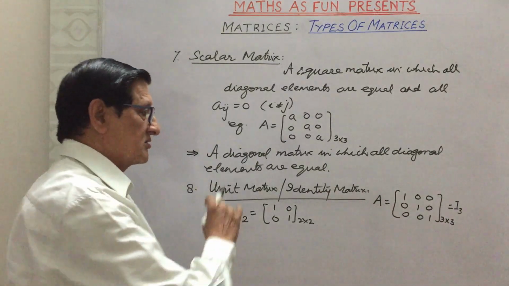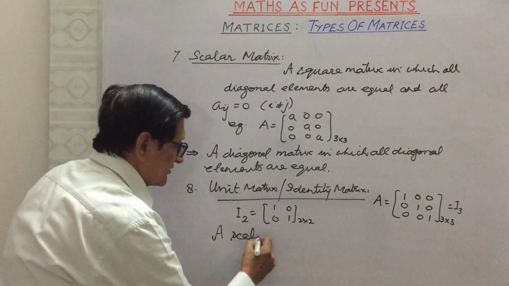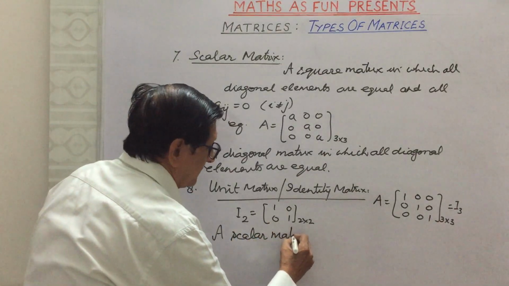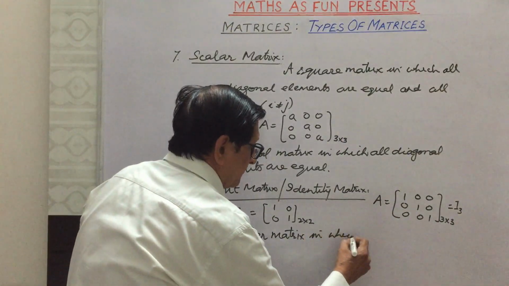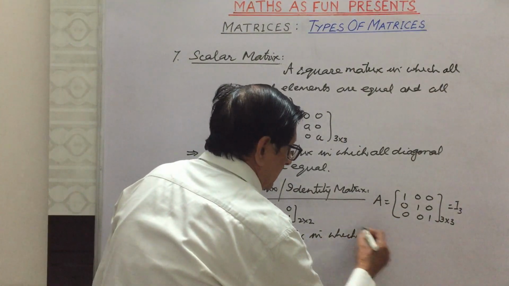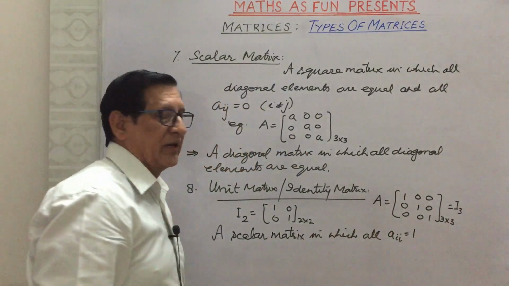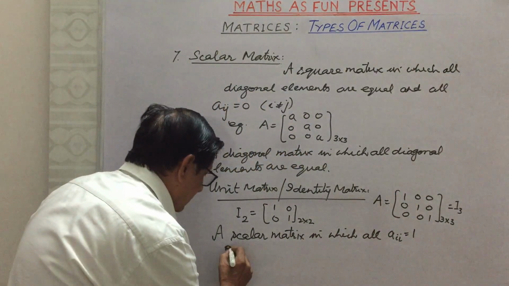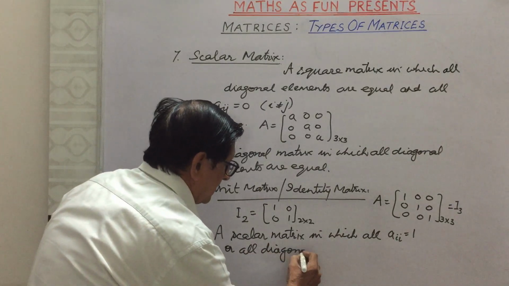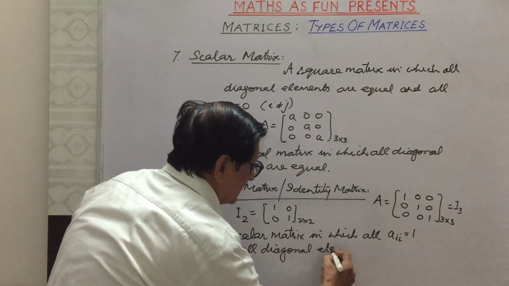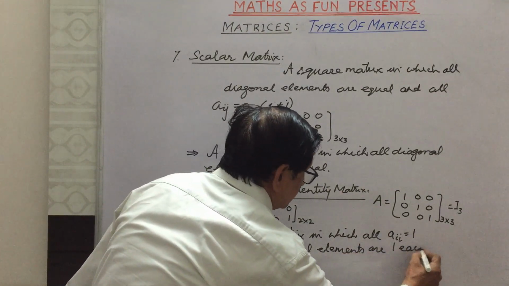In the easiest language we can say a scalar matrix in which all aii are 1, or we can say all diagonal elements are 1 each.